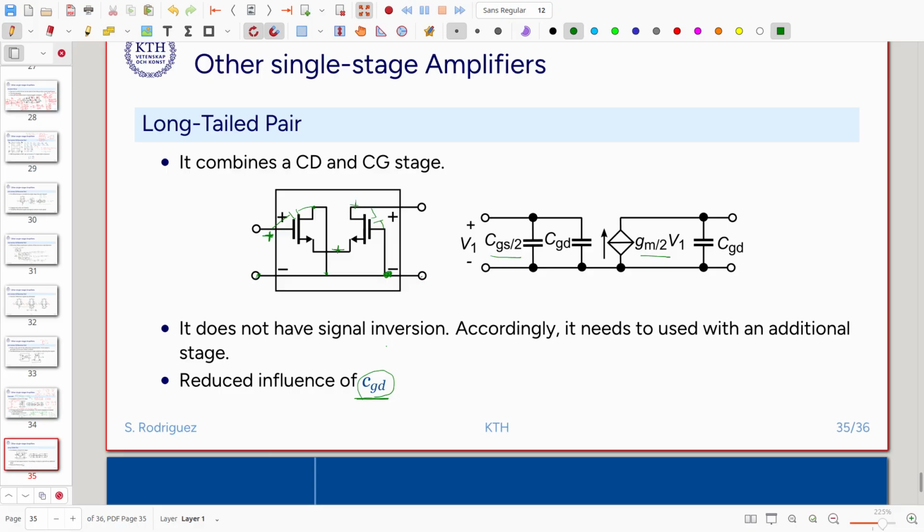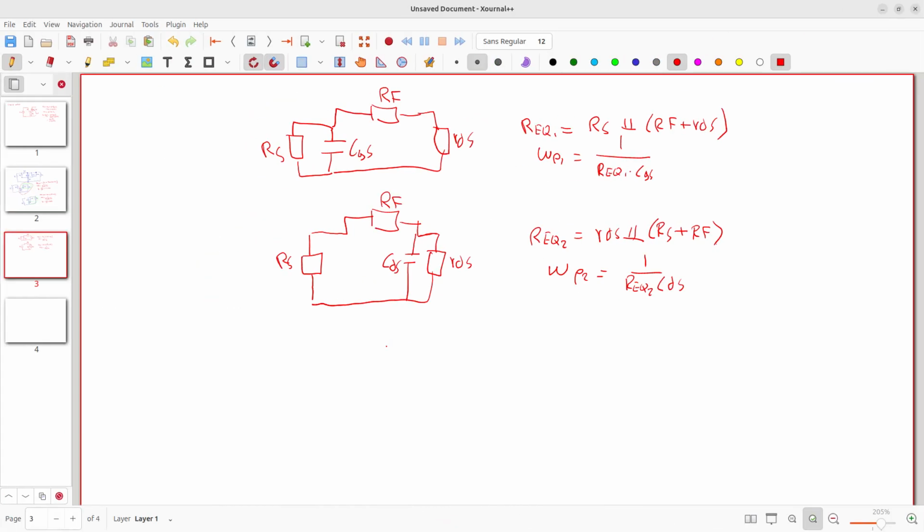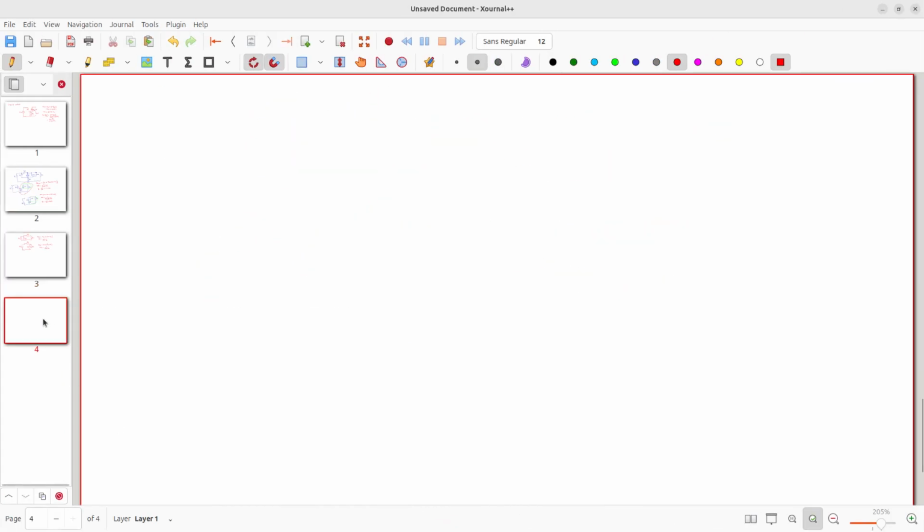We have another stage also that is interesting. It is the antiparallel stage. An antiparallel stage can be formed, for instance, with an inverter connection, like this. And conceptually, it works like this.